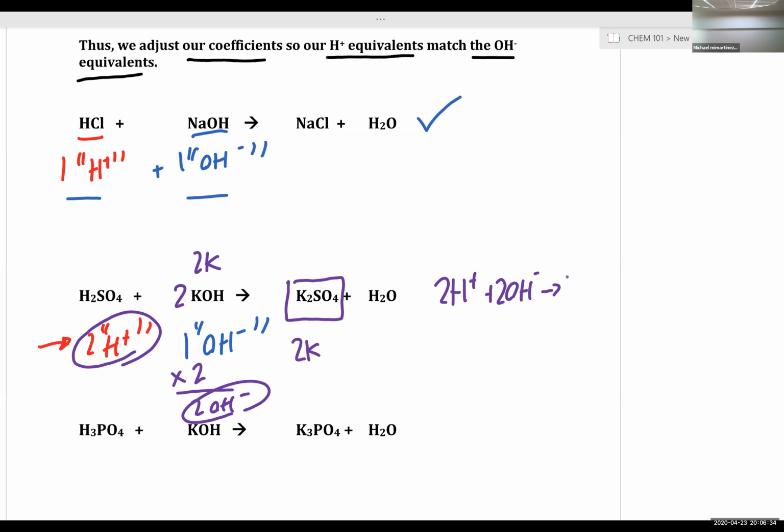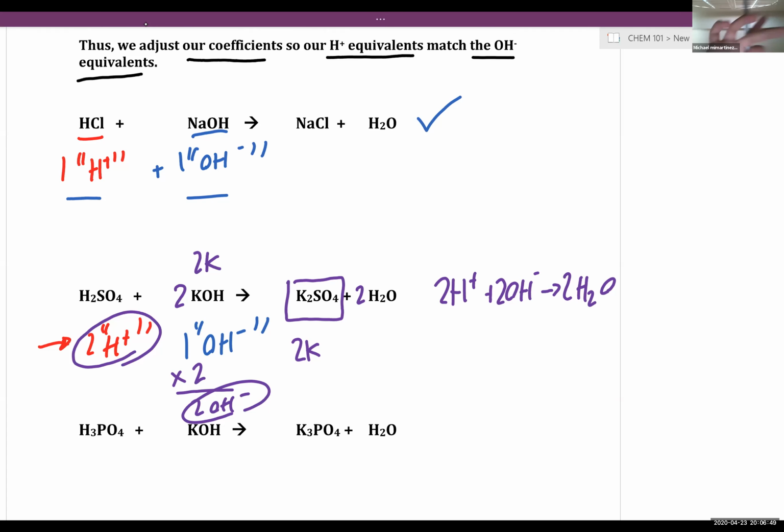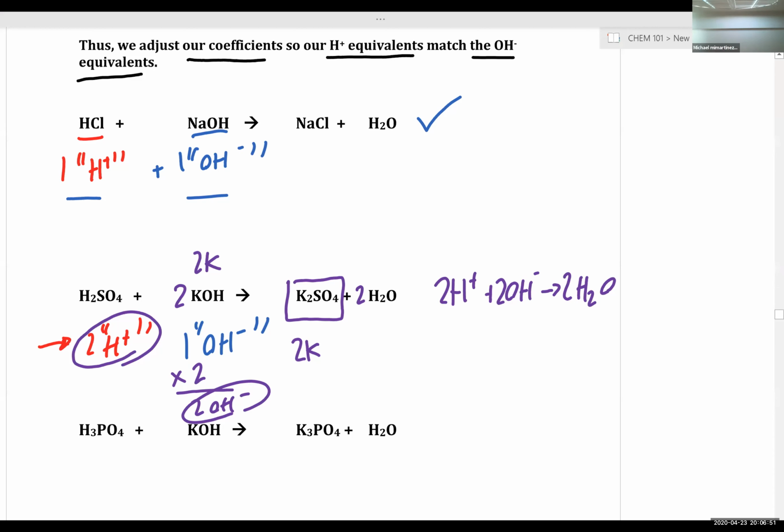And don't be shy to type in the chat. 2, exactly right. So we need a 2 in front of water. This is a shortcut method. It's another way of handling and balancing acid-base reactions.